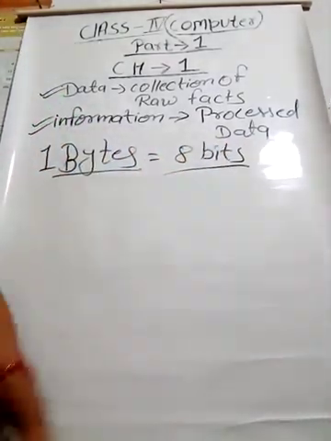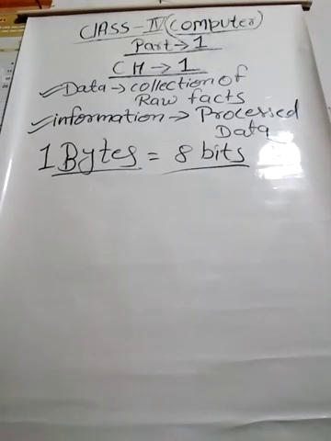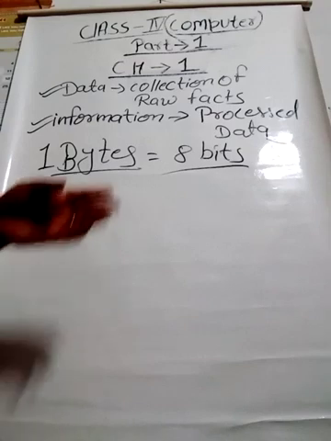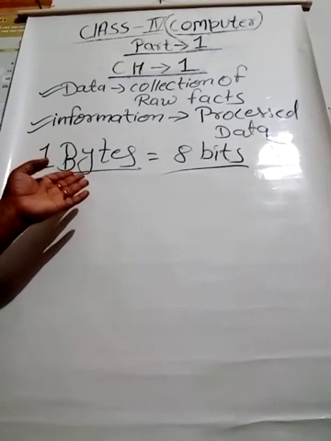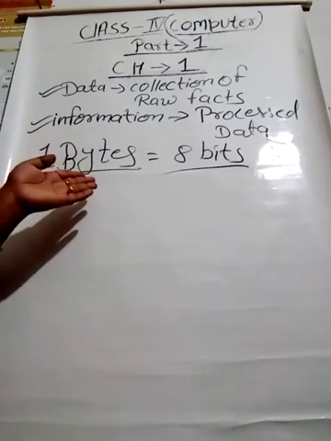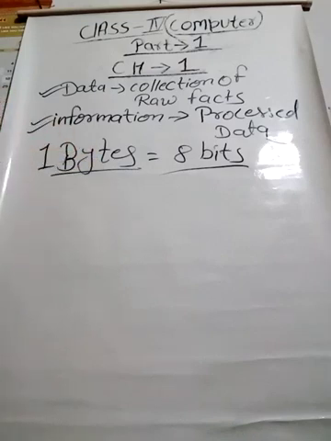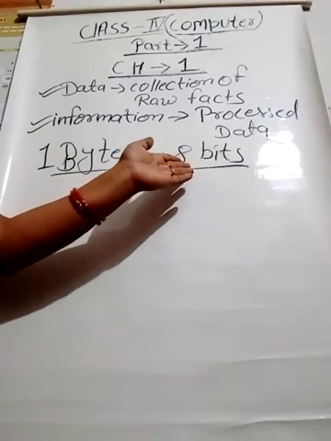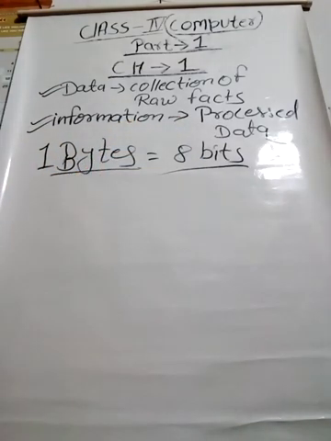On your page number 2, you can see a table is given there. It is a measurement table of data and information in storage devices in a computer. You have to learn this table so that you do not find difficulty in measuring data and information in a computer.